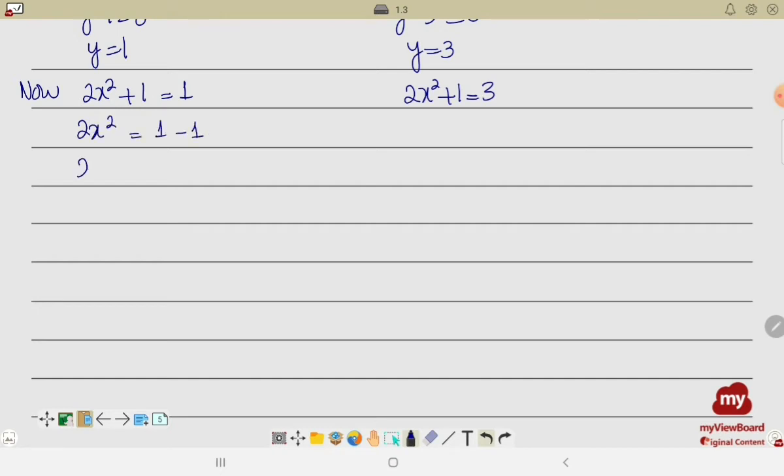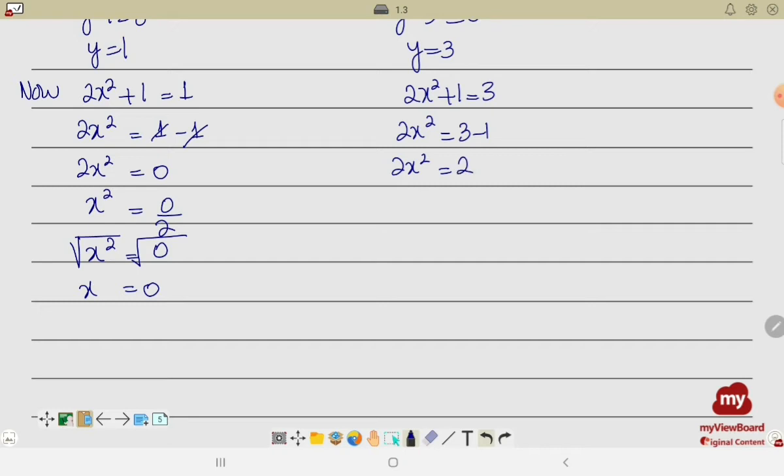1 minus 1, we can cancel, we get 0. 2 is multiplying here; on the other hand side, it will get divided, so 0 divided by 2 gives 0, and we take the square root on both sides and we get 0. Let's solve the other factor, which was 3 minus 1, and then 2 will be divided by 2.